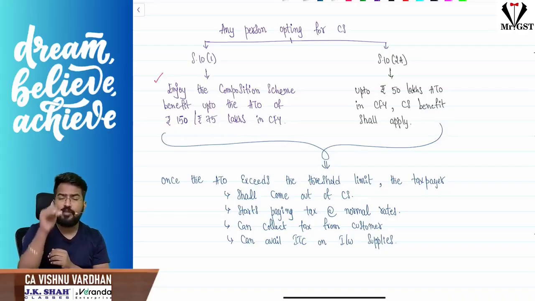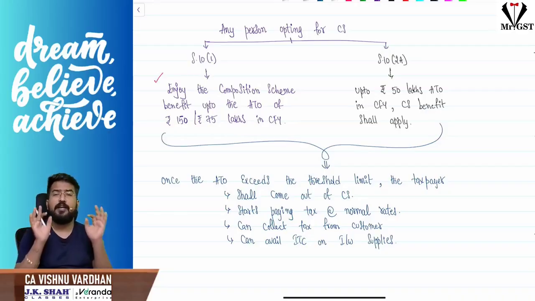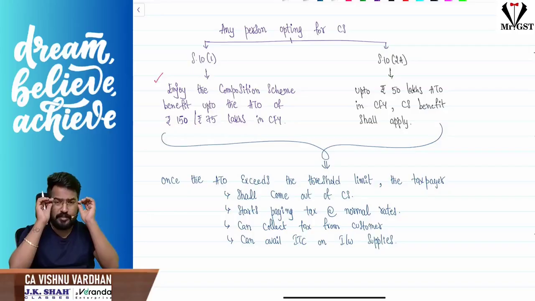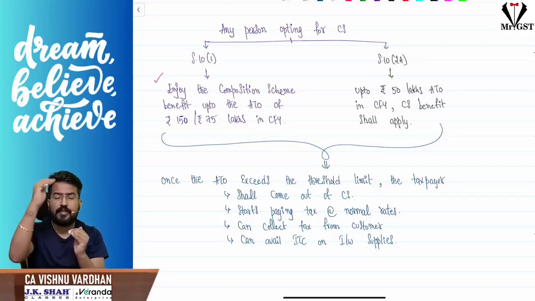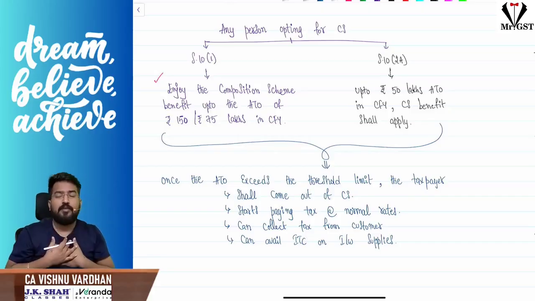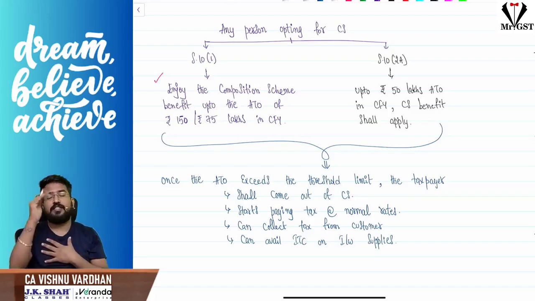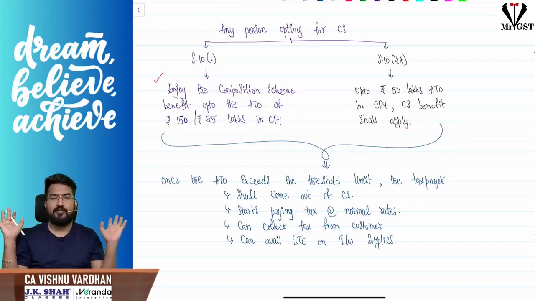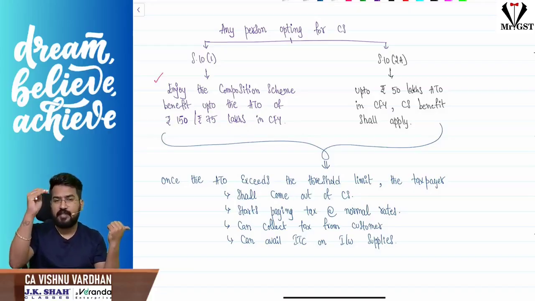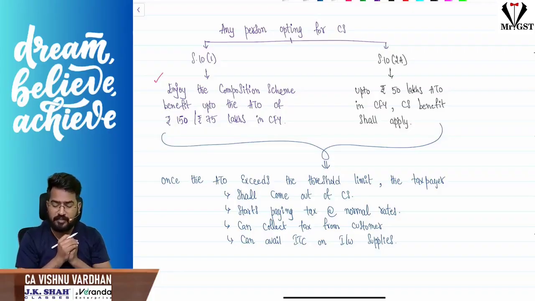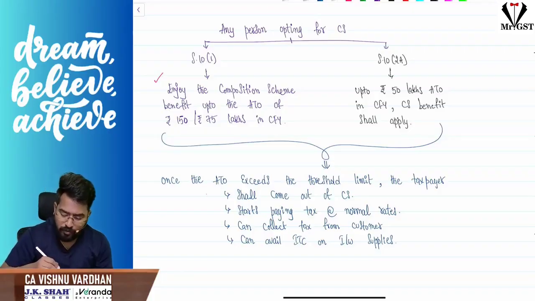When you are going with composition scheme in the current financial year, please understand, you can enjoy that till the aggregate turnover touches the threshold limit. That means till my aggregate turnover in the current financial year touches 150 lakhs, I can enjoy composition scheme. Preceding financial year not exceeding 150 lakhs, current financial year up to 150 lakhs, I can enjoy composition scheme. Once the aggregate turnover touches the 150 lakhs threshold limit, now I should come out of composition scheme.